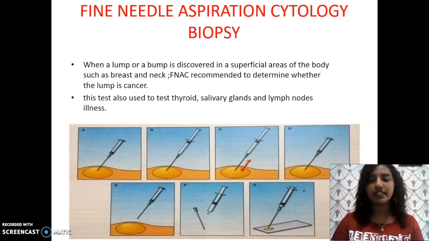The procedure is insertion of a small needle along with a syringe attached, and suction is applied, allowing more material to be obtained. The needle is inserted and drawn in and out for about 5 seconds and then withdrawn. The material is then smeared on a glass slide and undergoes staining.